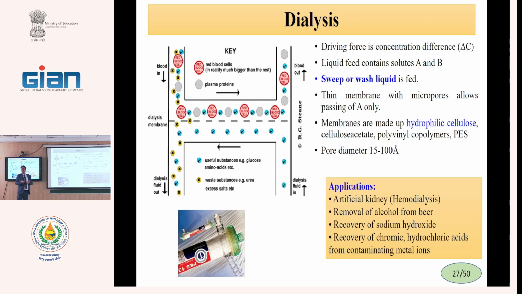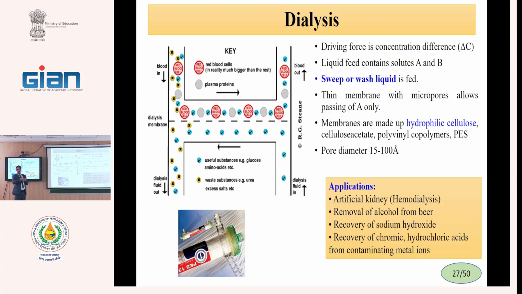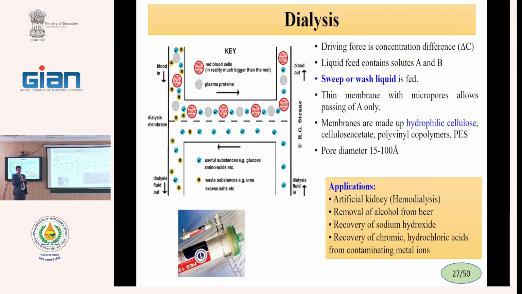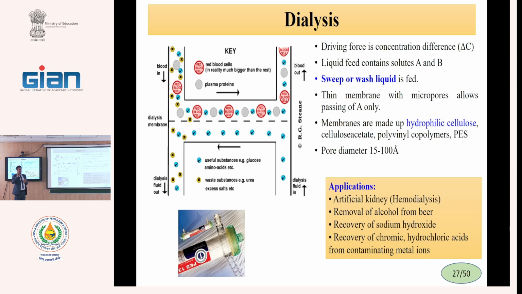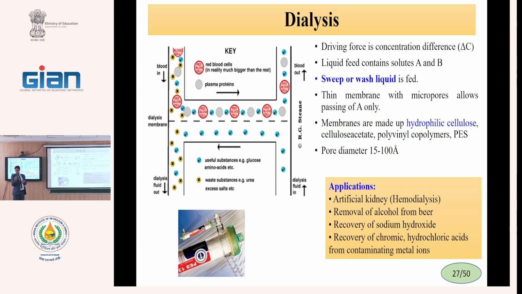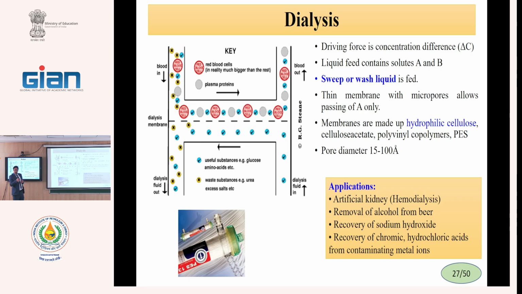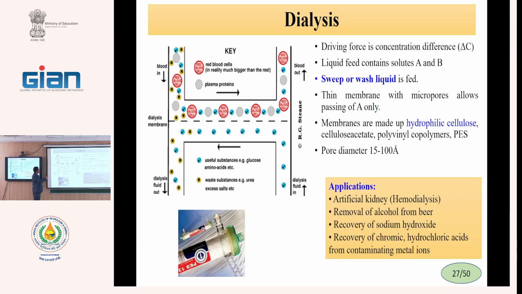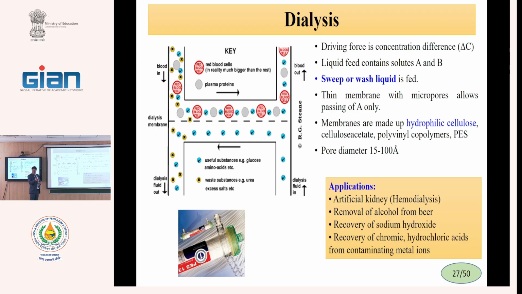But we do not separate the sugar of the blood, okay? If the sugar of the blood is reduced, we have a health problem. Therefore, we add sugar, and the sugar of the blood cannot pass because there is no difference in sugar concentration.